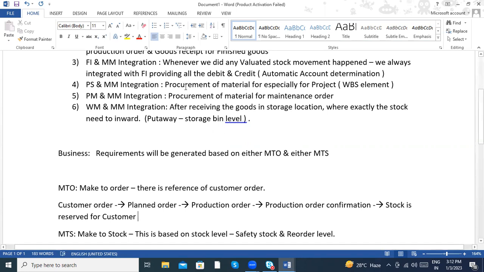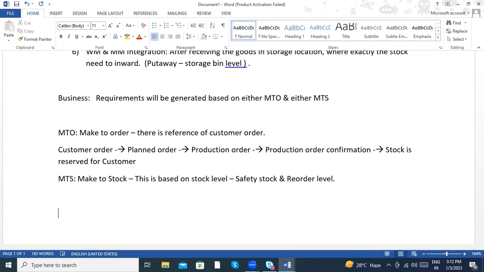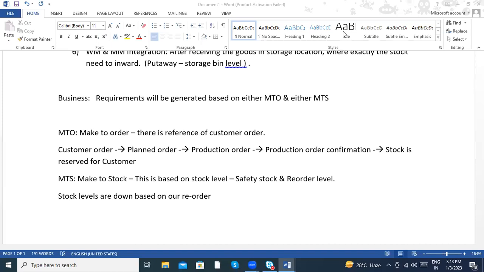And when it is make to stock, it is based on the stock levels. That means there is no customer order here. Directly, when the stock levels go down beyond our reorder point, the system automatically generates the planned orders.